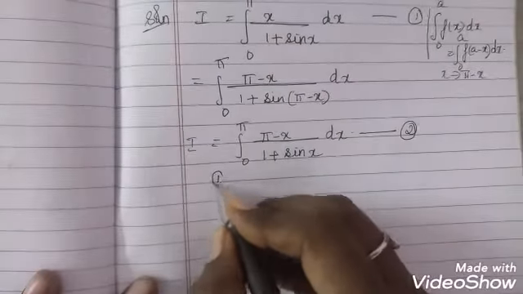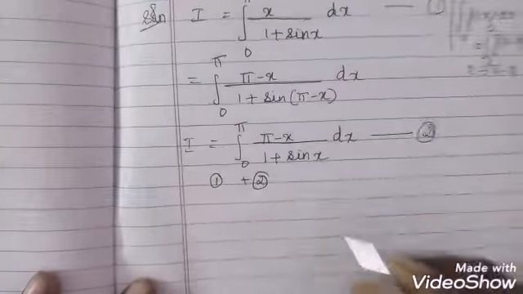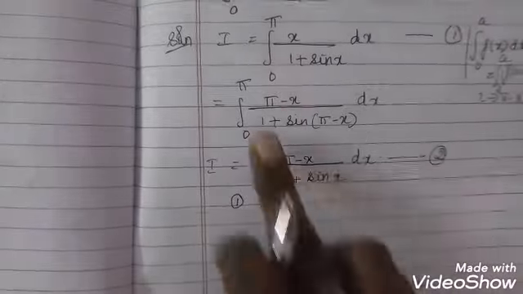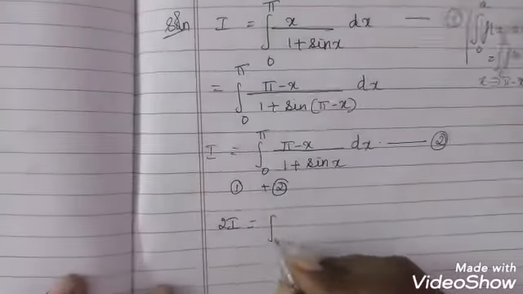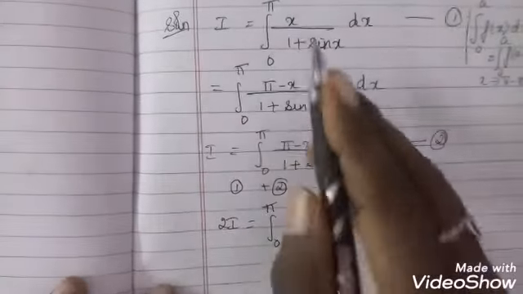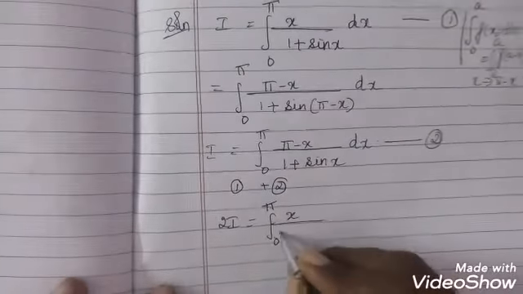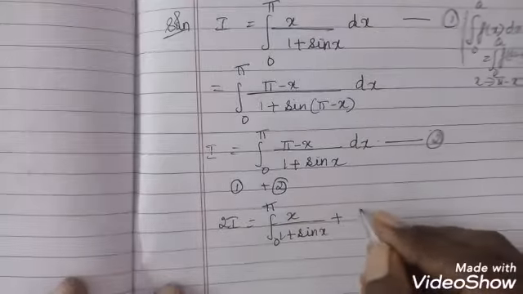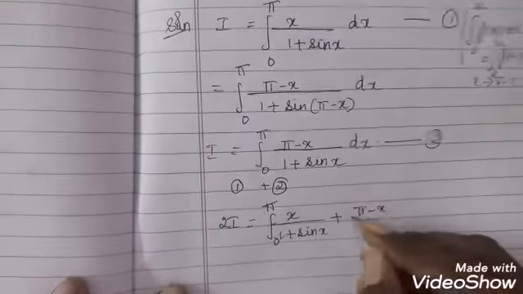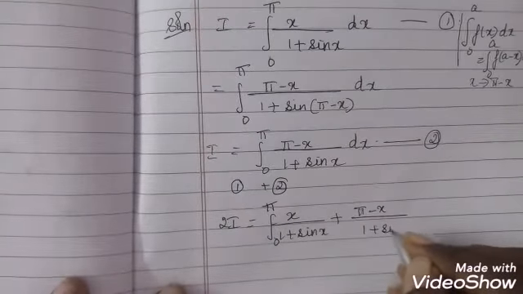Now we'll just add the first one and the second one. By the previous method, when you add it, what will I get here? 2I is equal to integral over 0 to pi. What is your I? It's x divided by 1 plus sin x. What is the next one? It's pi minus x divided by 1 plus sin x dx.